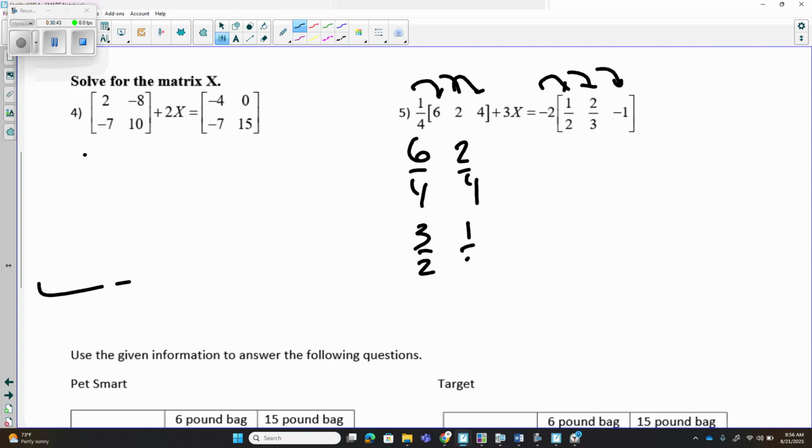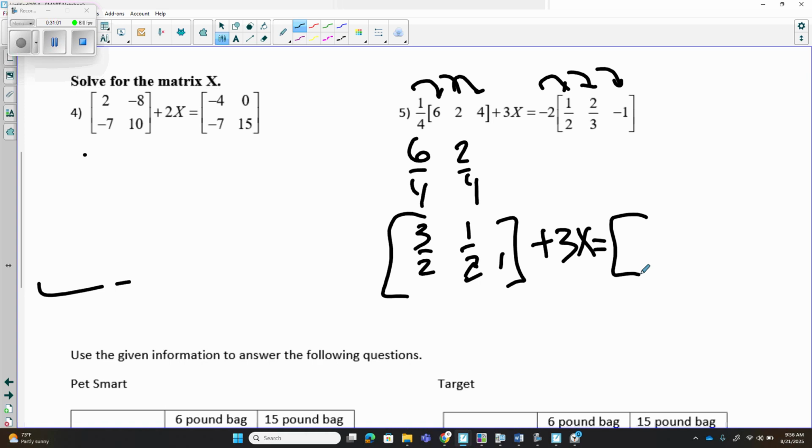What is 1/4 times 4? That's 1. So my 1/4 is now gone. I got plus 3x, there's an x right here. And then I'm going to multiply the -2, which would give me what? -1, -4/3, and +2.